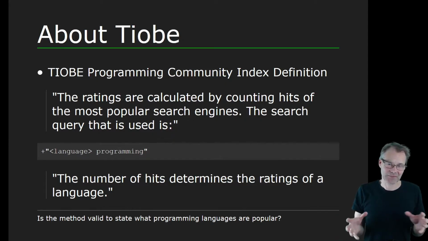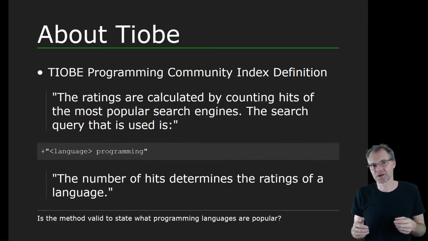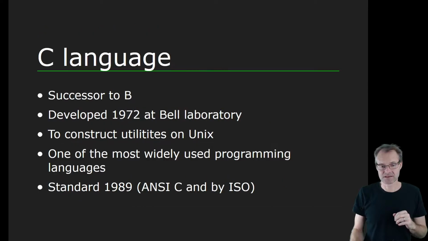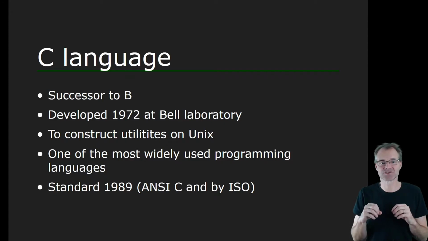So that is how they do it, and we should relate to that when we compare a language. But still, I do think that C is one of the most widely used and popular languages because it has an area where it's very, very useful.